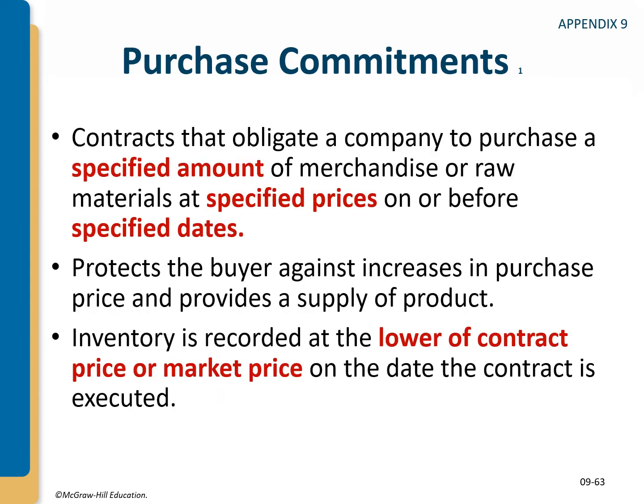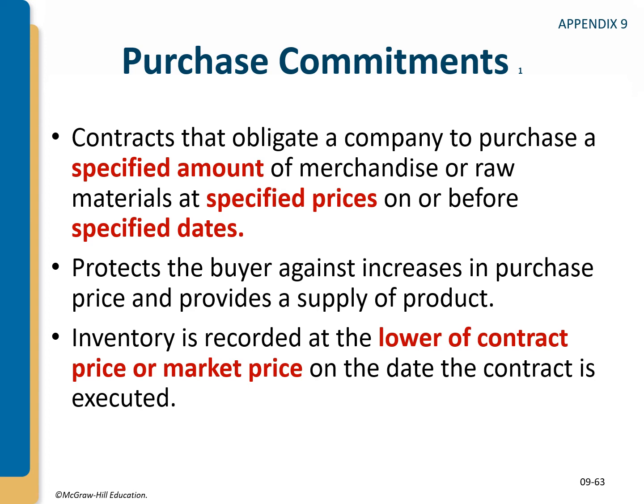Okay, the final item we're going to look at is called purchase commitments. And this is something totally different. It's just something we throw in this chapter, but it's when a company is obligated through contract to purchase a specified amount of something at a specified price on or before a specified date. So companies will do this if they fear that the price of an item is going to increase.